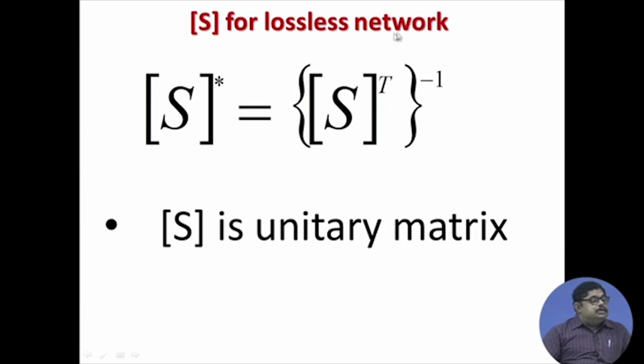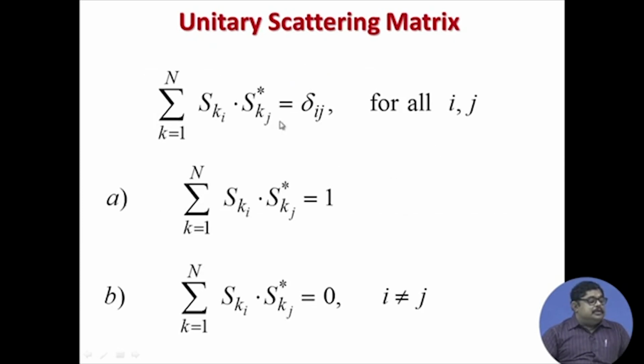So, for a lossless network, S is a unitary matrix. For any unitary matrix, the elements are related like this: Ski dot Skj star is delta ij, where delta is the Kronecker delta. That means, when i equals j, this delta becomes 1. If i is not equal to j, delta becomes 0.